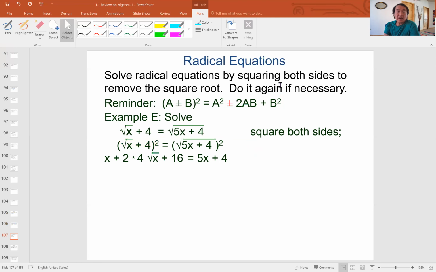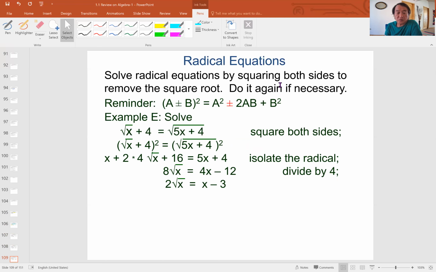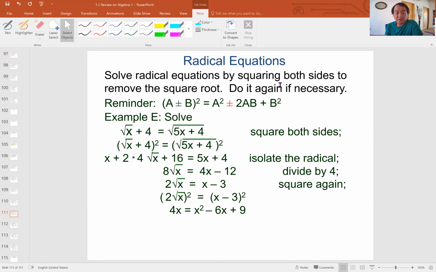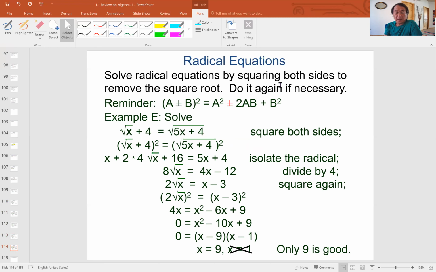And we're not going to be able to get rid of both square roots. One of them will remain, so we have to do it again, twice. So this example, I'll let you finish reading it. Okay, so for radical equations, this is how we solve for x.